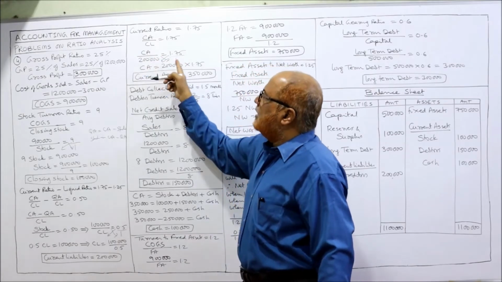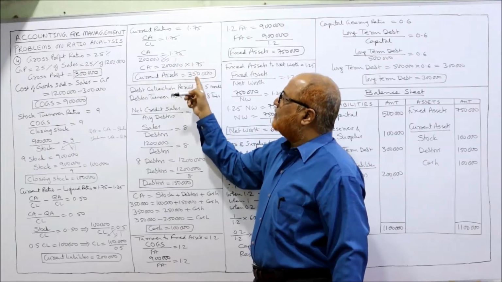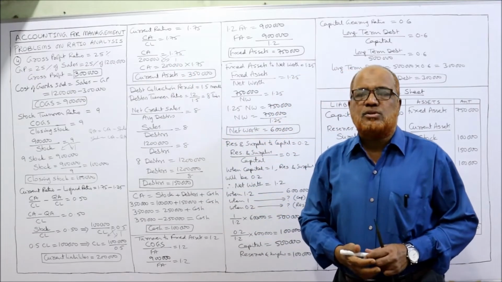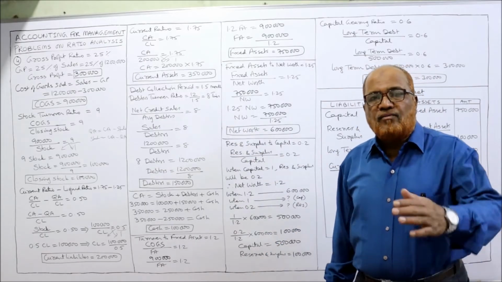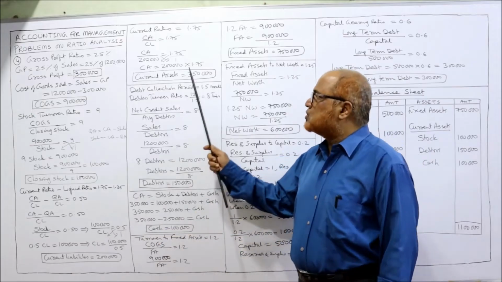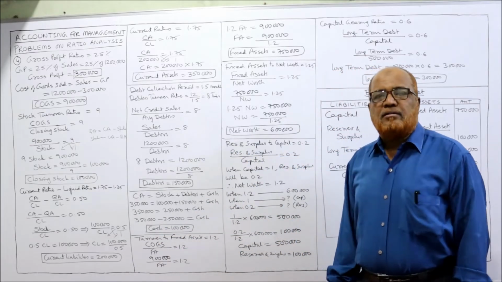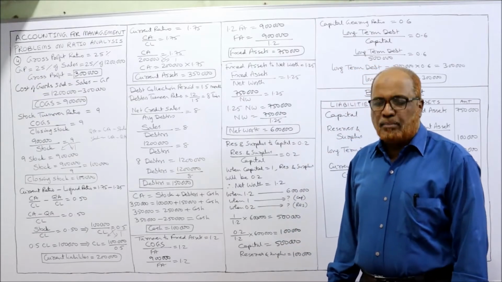Now CA into 1 is CA. 2 lakh into 1.75, you will get 3,50,000. That's all. So we got current assets also. See, one by one I am going to ascertain the values by using the ratios. Now debt collection period. In the problem, debt collection period is given as 1.5 month.